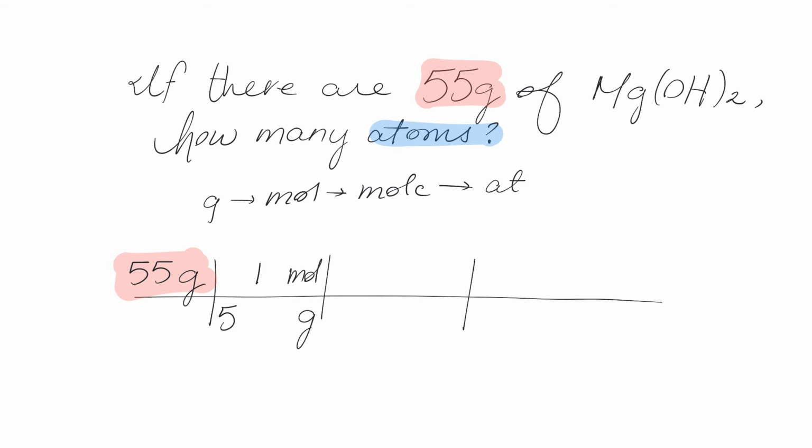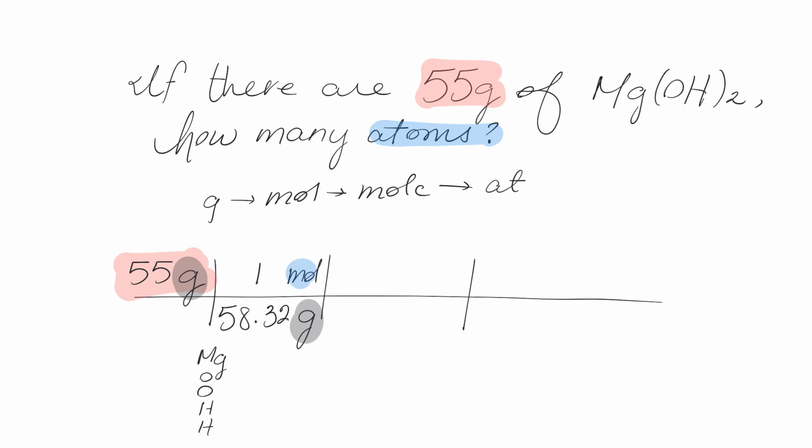Okay, it's 58.32. So you got that by adding up the weight of magnesium plus the weight of oxygen plus the weight of oxygen plus the weight of hydrogen plus the weight of hydrogen, because you've got that 2 after the bracket. It doubled.